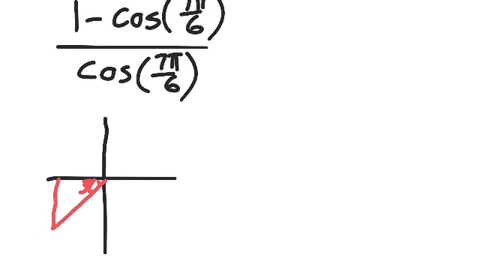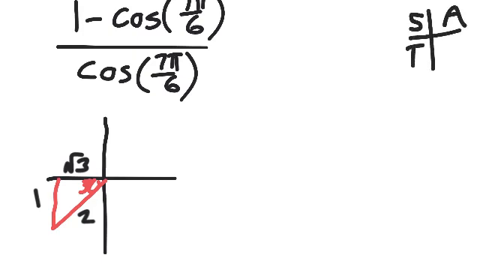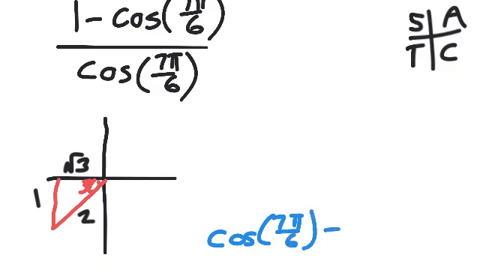So this is a 30, 60, 90. Across from the 30 is 1. Across from the 60 is radical 3. Across from the 90 is 2. I'm in the third quadrant, so all students take calculus. That means cosine is going to be negative here. So let me just write a little note down here. Cosine of 7 pi over 6 is going to be negative. And then cosine is the adjacent over the hypotenuse.